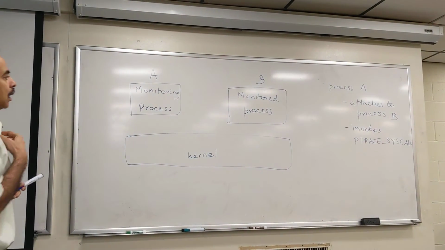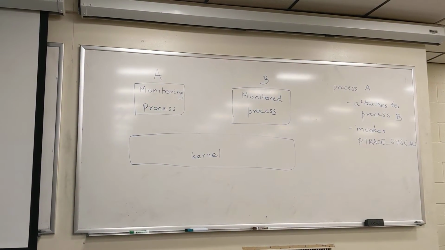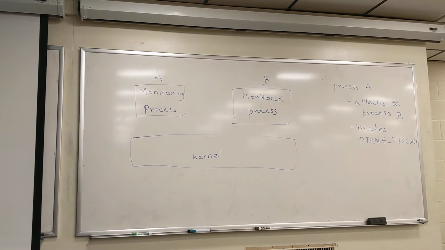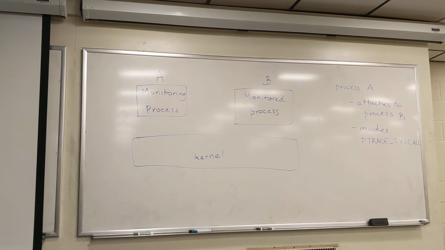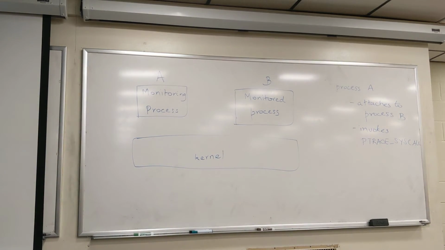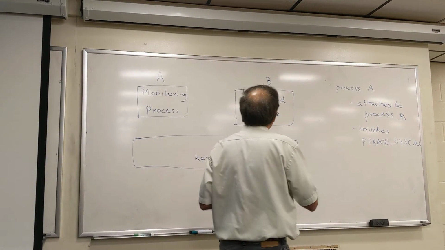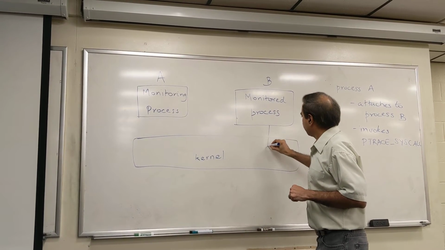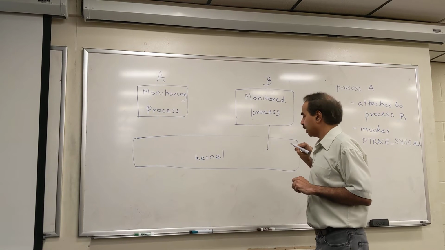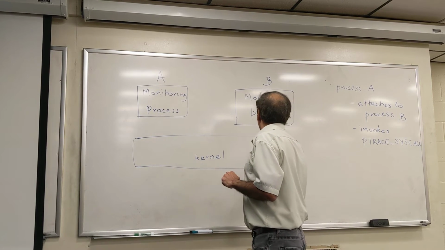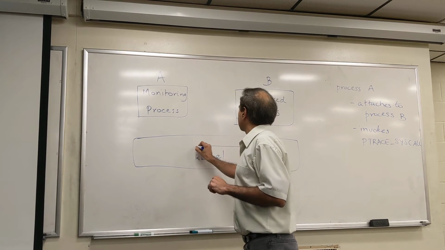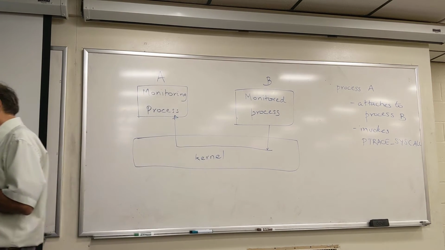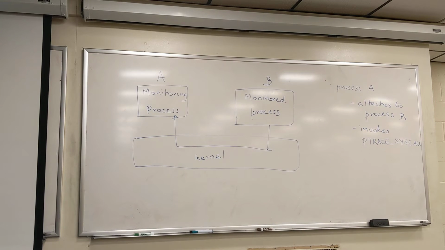Okay, so the ptrace syscall is going to say that process A is interested in intercepting the actions of process B. So now what happens is that the monitored process makes a system call, right? And then the kernel intercepts this and delivers that to the monitoring process.